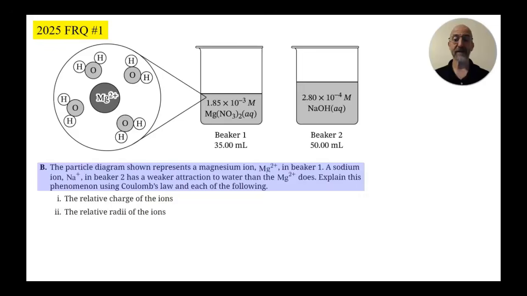They told us that sodium, the Na plus ion, has the weaker attraction to water than the magnesium ion does. So make sure that you don't simply restate the information that was already given to you in the question. And because Coulomb's law involves both the charge on the ions as well as the distance or the radii or the size of the ions, then we have to consider each of these factors.